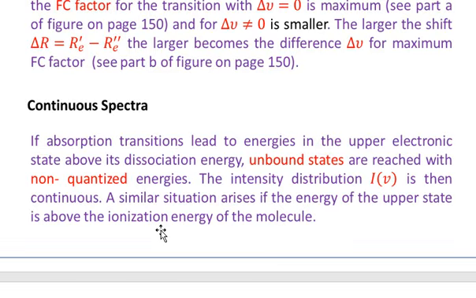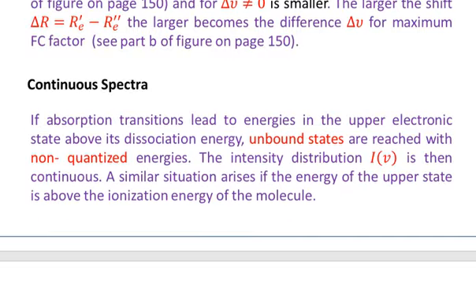So if we are considering transitions from levels above the dissociation energy or above the ionization energy, those levels are not quantized, and therefore the transition from such levels will also not be discrete.